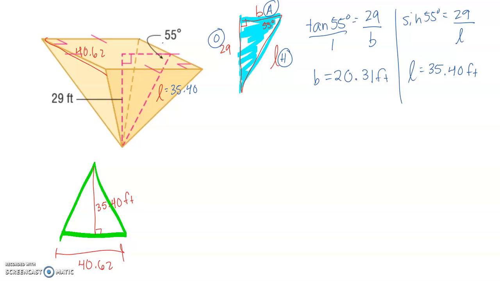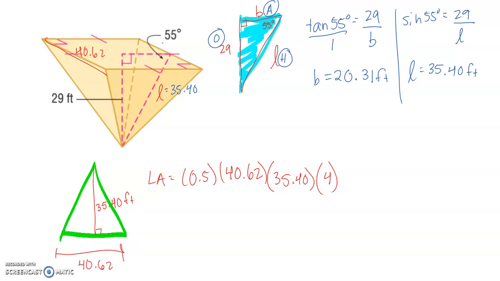So for the lateral area, I'm going to do 1/2 because it's a triangle times the full base, which is 40.62. And then I'm going to do times the height, which is 35.40, and then times how many triangles I have. So there's 4 triangles on that pyramid because the base is a square.